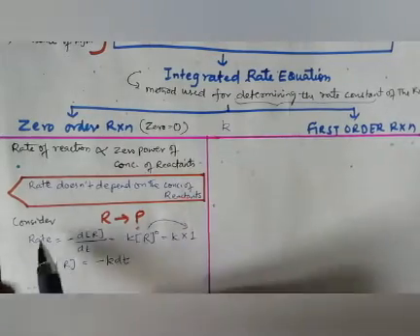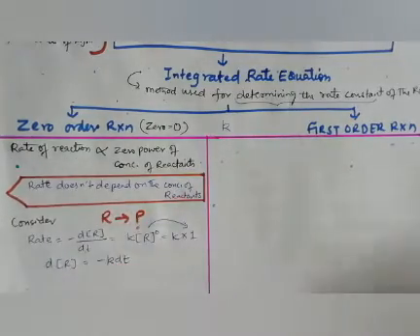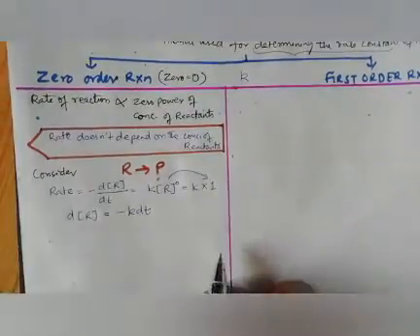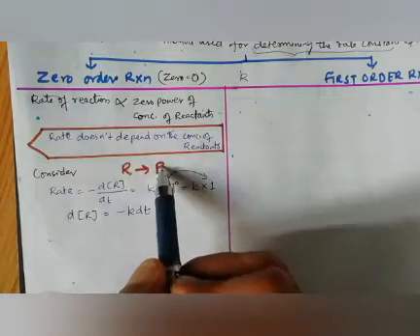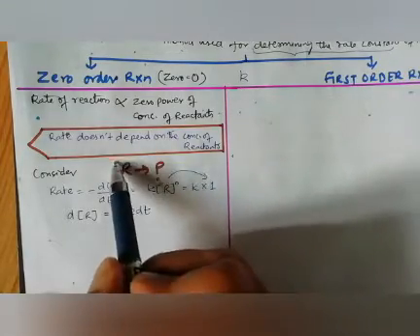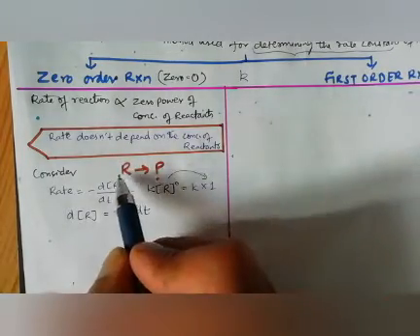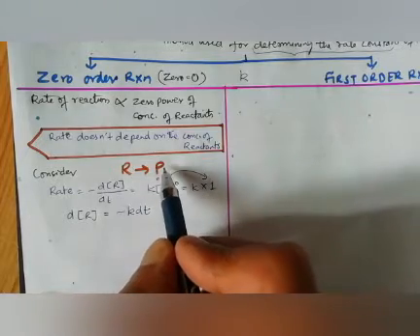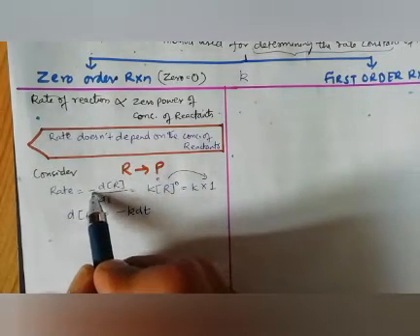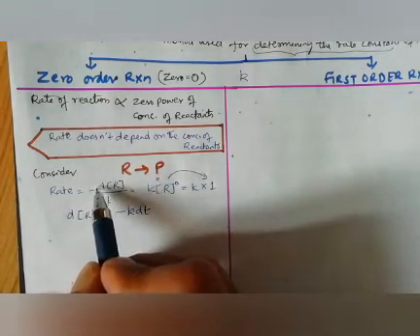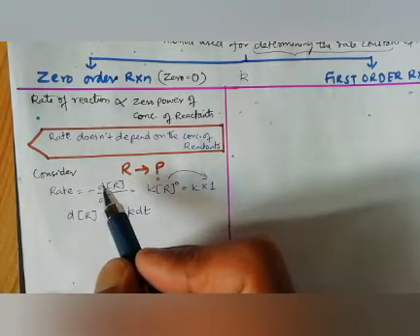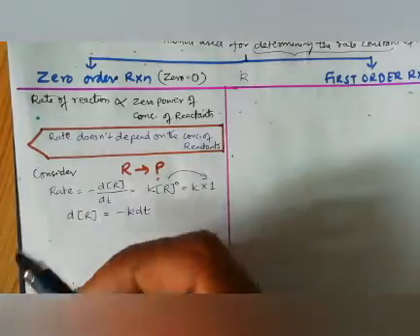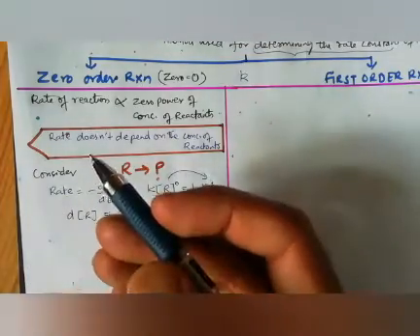So consider a reaction. I am going to derive this equation now. Consider reactant R changing into product P, and you know very well about the rate of reaction: it is the disappearance of reactant and appearance of product. As we have studied, the differential rate equation has the rate of reaction depending upon the concentration only.